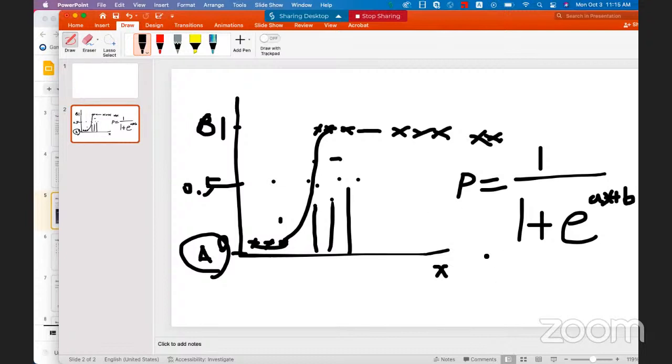Odds means the probability divided by 1 minus probability. So this is the probability that it's likely B, and this is the probability it's not likely B, it's A.